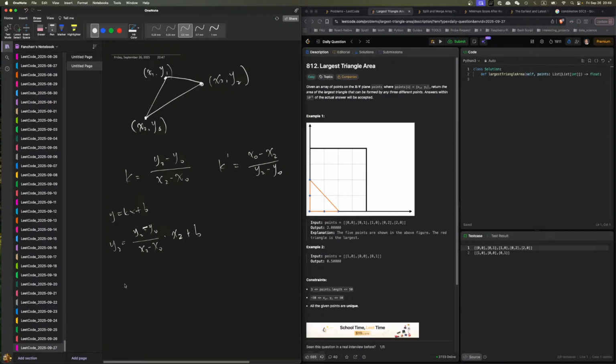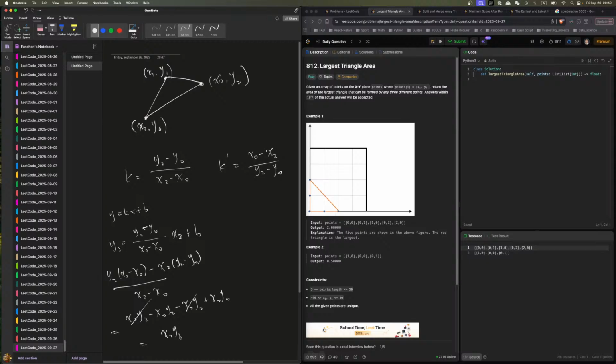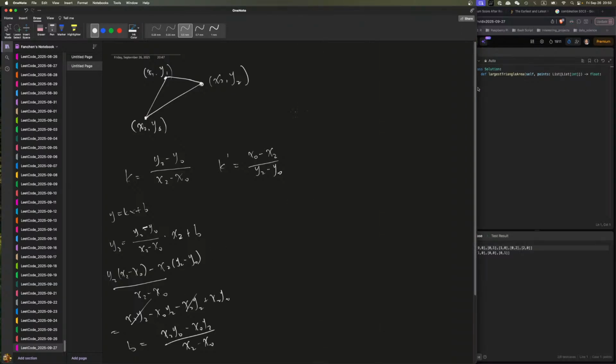This is going to be (y2 times (x2 minus x0) minus x2 times (y2 minus y0)) over (x2 minus x0). So this is x2y2 minus x0y2 minus x2y2 plus x2y0, so these cancel. That's (x2y0 minus x0y2) over (x2 minus x0). So that is b.